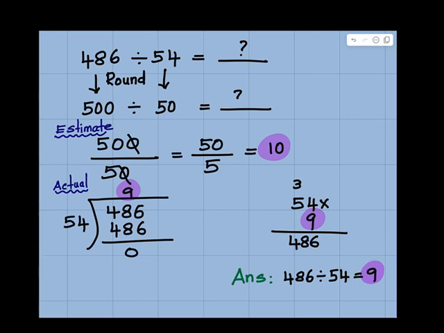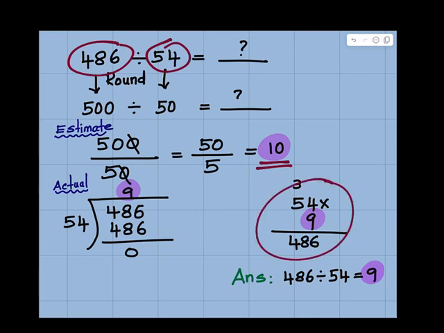Now let's take the actual values, which is 486 and 54, and do the division. Since we know the estimated answer is 10, the actual answer must be a little less than 10. So we can multiply that 54, which is the divisor, with number 9.